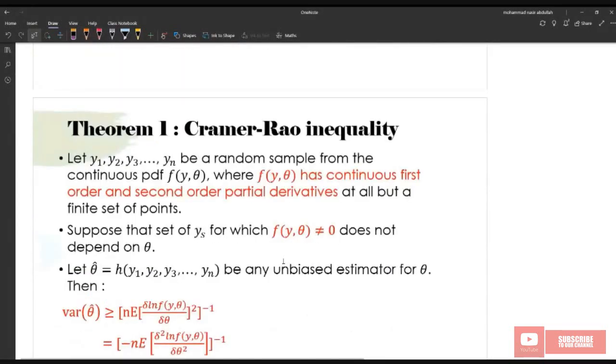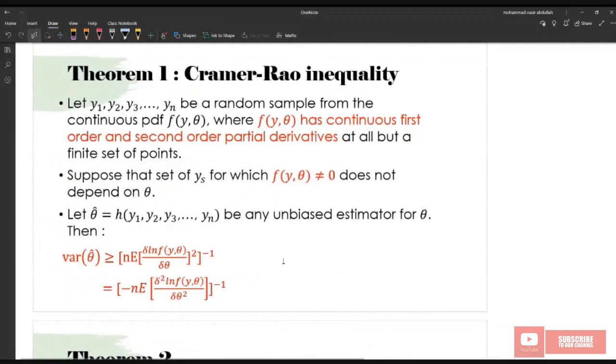Now look at theorem number 1. Let Y1 until Yn be a random sample from a continuous probability density function f_Y(y; theta), where f_Y(y; theta) has continuous first order and second order partial derivatives at all but a finite set of points.